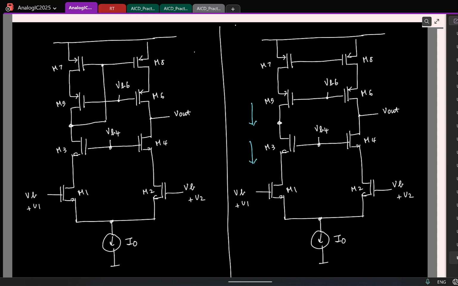Now remember, I can also do the following. This current, let's say it's I0 by 2, I want to fix only the PMOS current here. So I will compare the current flowing here and the current flowing here, and once again I'll find that this voltage will increase or reduce based on the requirement.